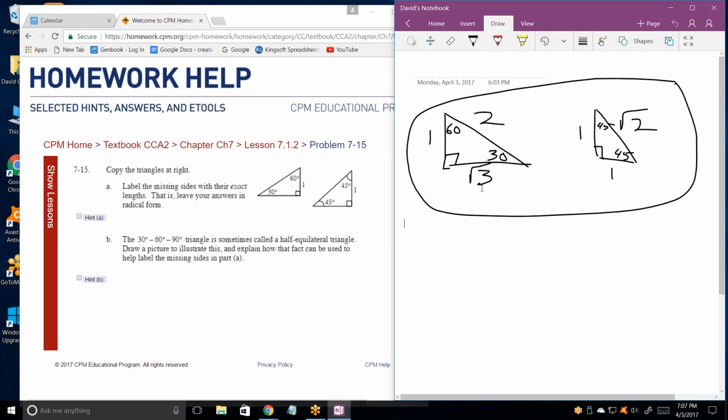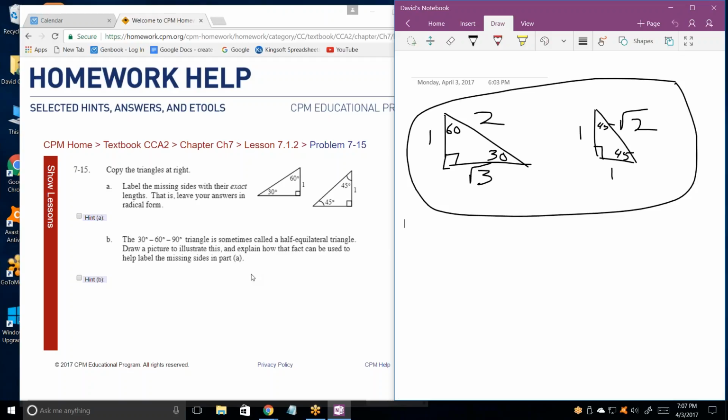It's not 1.71, which is the approximation for square root of 3, or 1.41, which is the approximation for square root of 2. So that's what they mean when they say leave your answers in radical form. That's the exact answers. And I've labeled both triangles. So that's A.